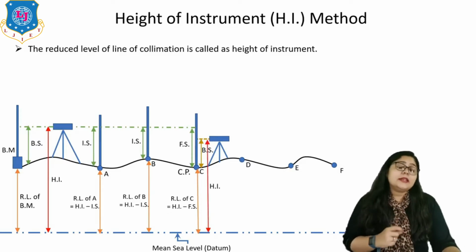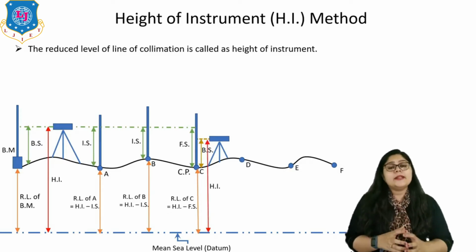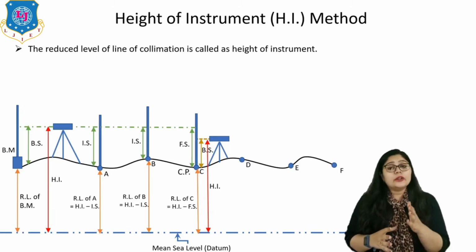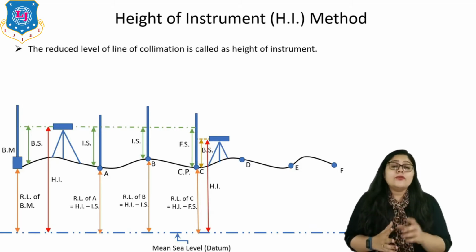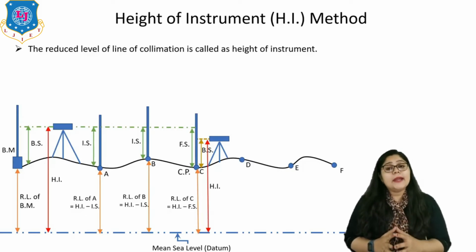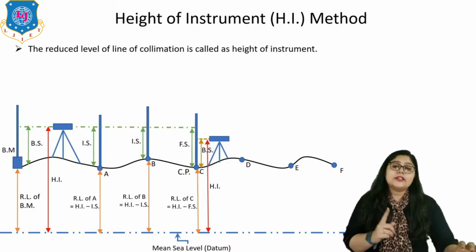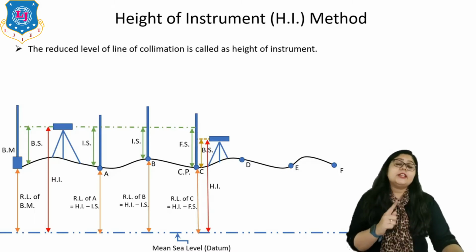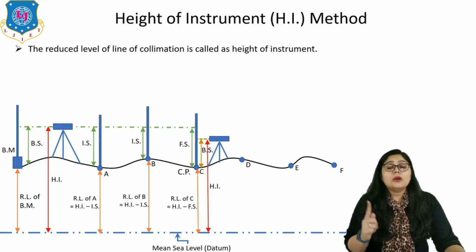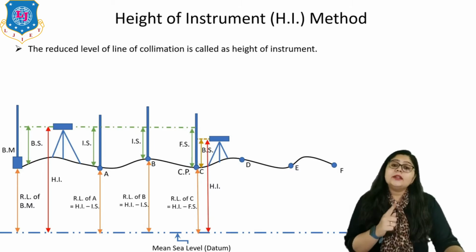Now here you can see that for this new instrument setup, the height of instrument is changed, right? So for the new height of instrument, for the new setup, I simply add the BS to the RL of C, the station which is now acting as the change point. This way you can calculate the new HI.